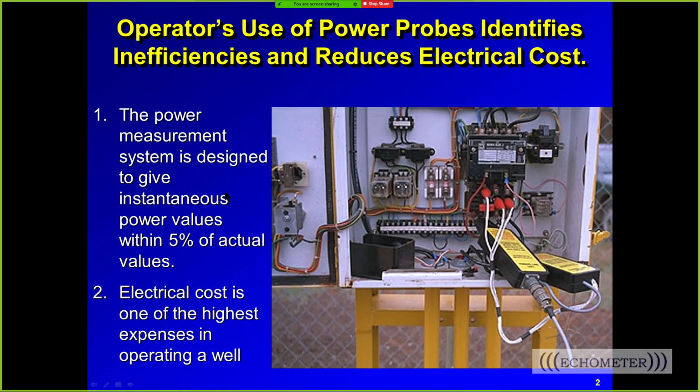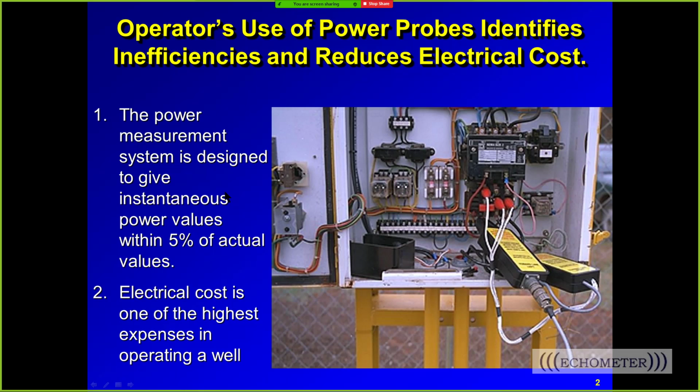This is a picture of the wired power probes connected into a panel. I took this picture back in 1993. And we realized back then that we needed to use this type of equipment if we wanted to find wells that had inefficient operations due to mechanical losses.